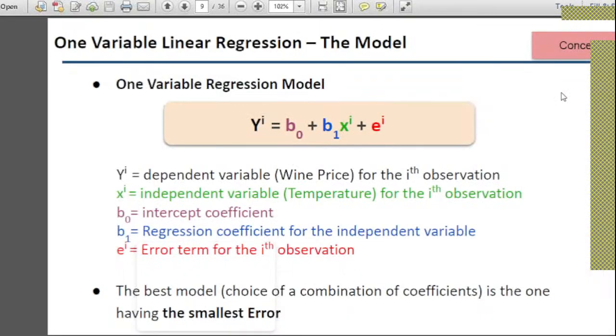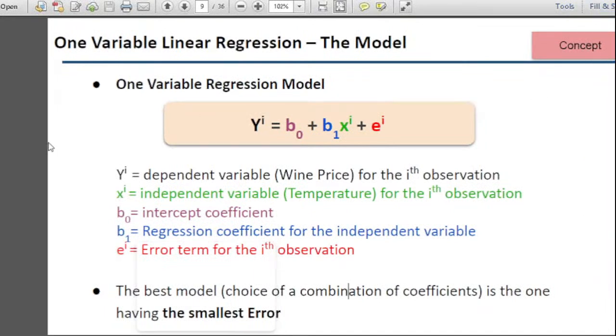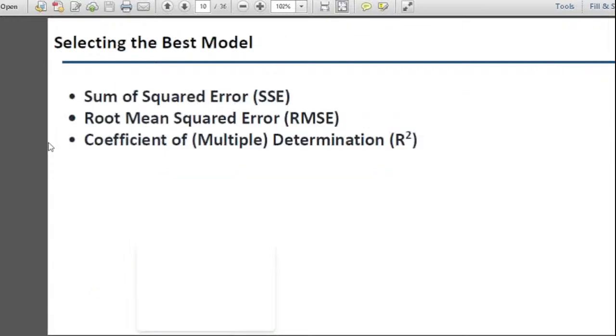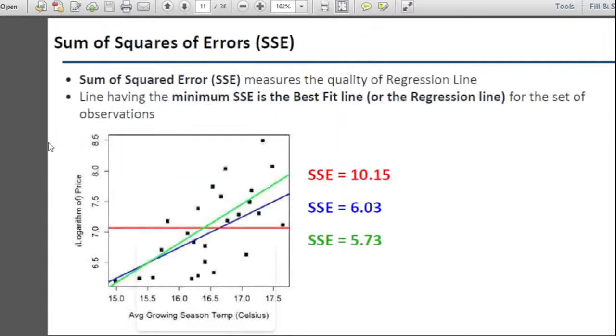Okay, great. So let's see this. Though I've already explained, we are going to just dig deep and understand these errors now. Sum of squared errors. So now coming back to our same example, if I calculate the error for this average line, SSE, sum of squared errors, it measures the quality of the regression line.